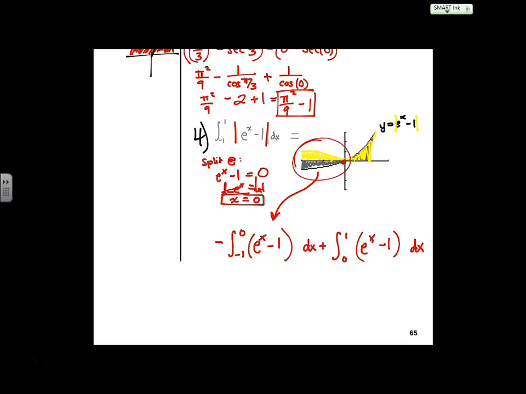And if the quantity was negative to begin with, negative times a negative is going to make it a positive. So all we have to do is take what was there, e to the x minus 1, and put a negative.